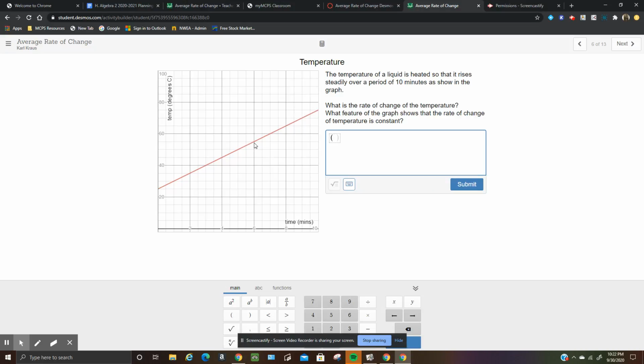This point would be 6, 55. So 6, 55 is one of the points I'm using. And the other point that I can use there is 4, 45.